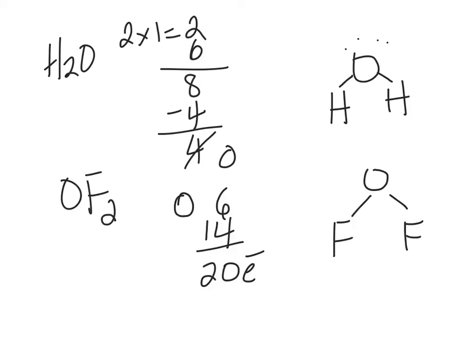By placing our bonds, we've done 2 bonds, we've used up 4 electrons. That leaves us with 16. How many more do our terminal fluorines need to satisfy their octet? 6, because there's 2 there. So put in 6 on each one.